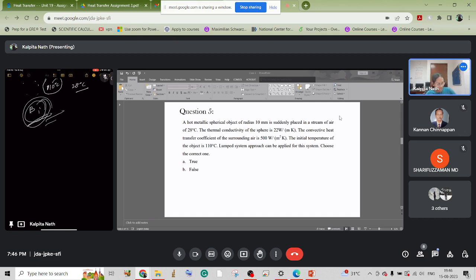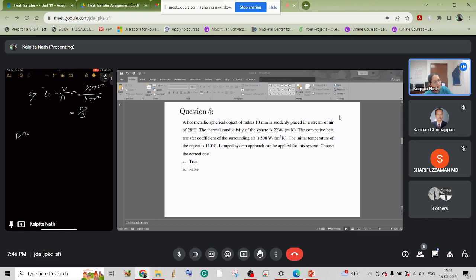So how? First, the Biot number we need to check. And Biot number is h Lc upon k. Lc is volume upon area again. So for a sphere, that is 4 by 3 pi r cube upon 4 pi r square, that is r by 3.